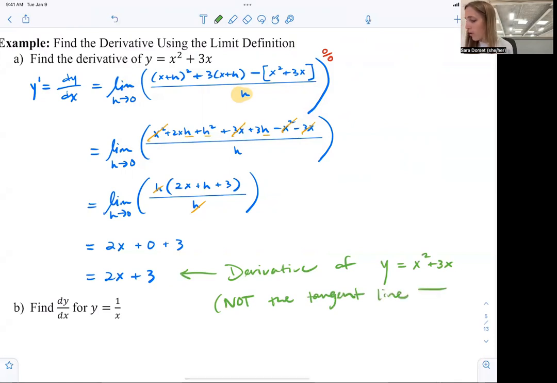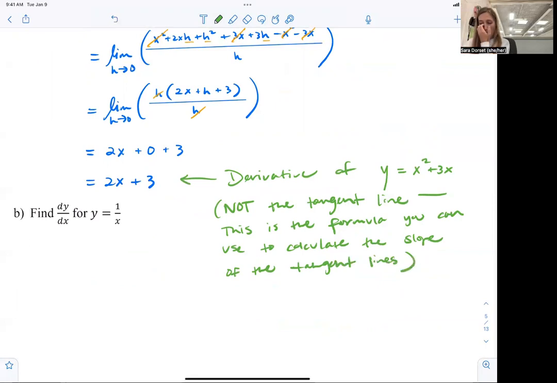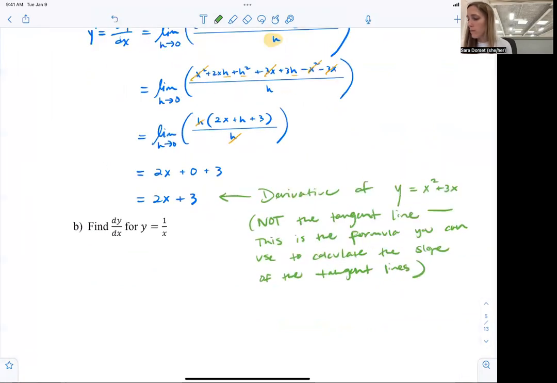This is a slope, or this is the formula you can use to calculate the slope of the tangent lines. Any questions so far?